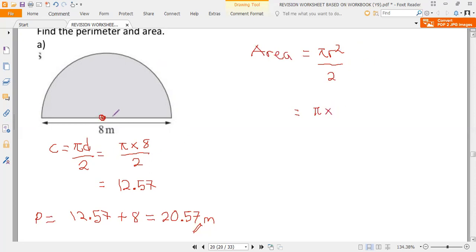If you notice, the diameter is 8. So the radius is 4. Use 4. Don't use 8. Pi times 4 squared divided by 2. 25.132 something. So 25.13. The unit is square meters.